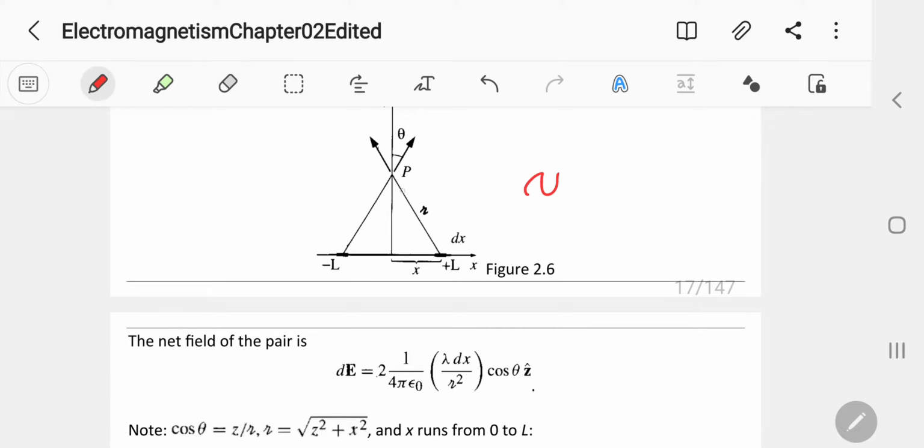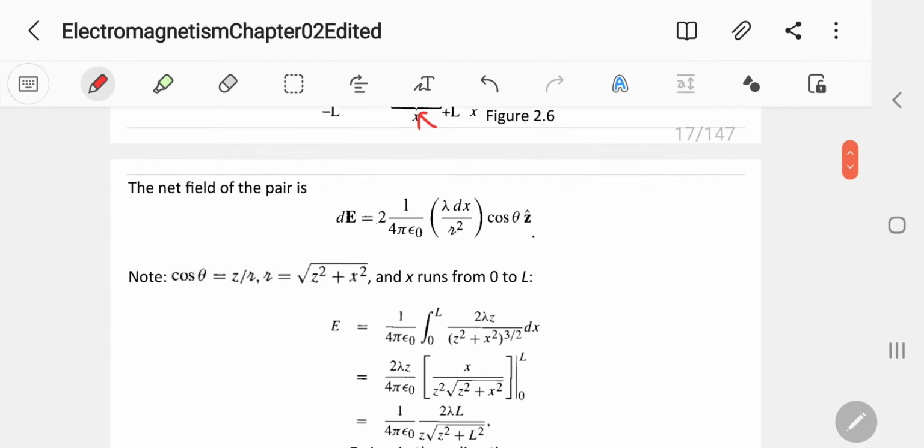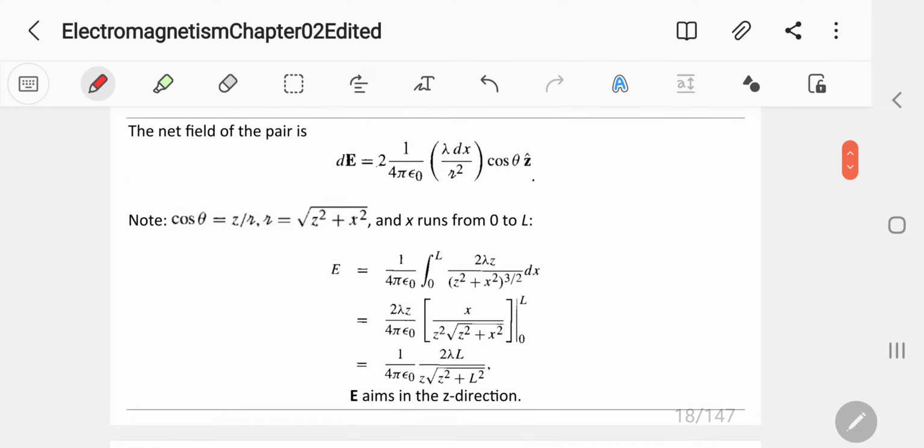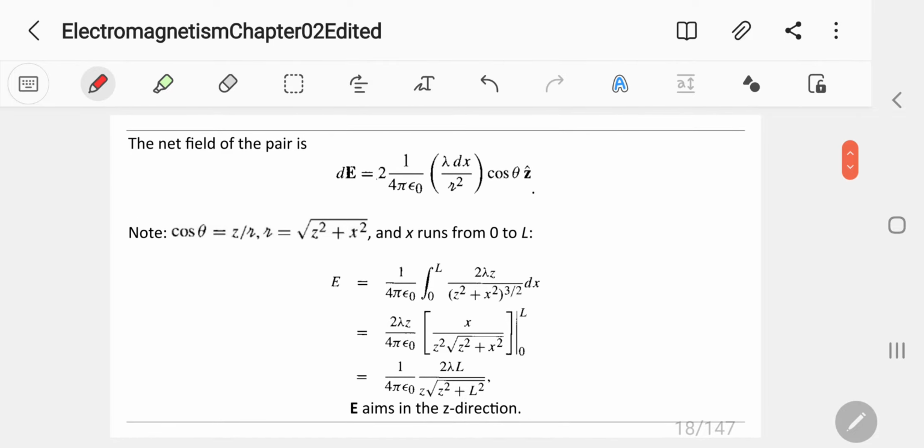The scripted r, this is a right triangle, this is z and x, so the scripted r would be z squared plus x squared, and the variable here is the x, and the z is just a constant, so you will be integrating with respect to x.